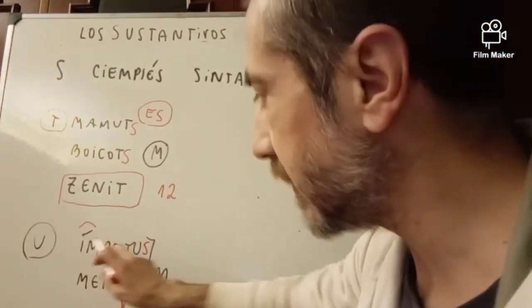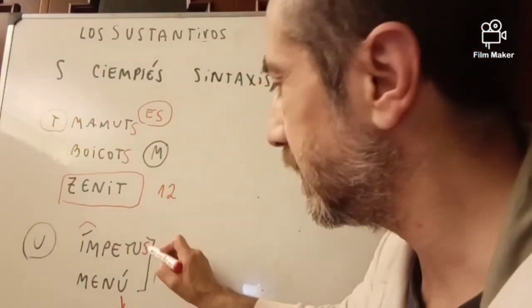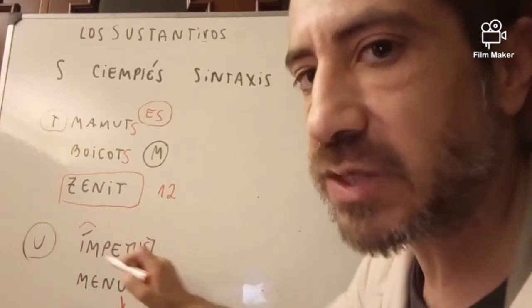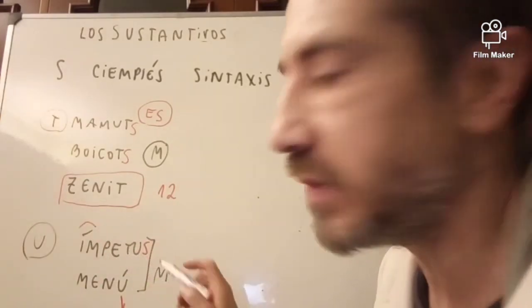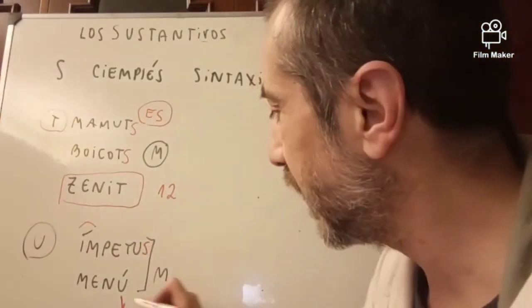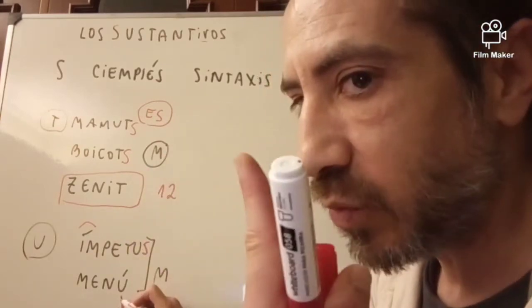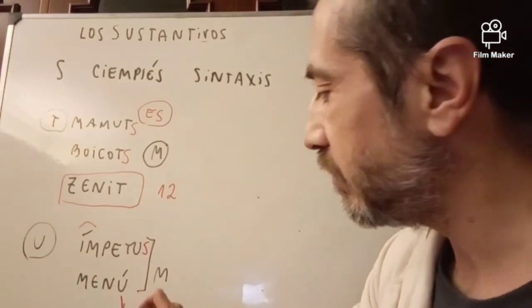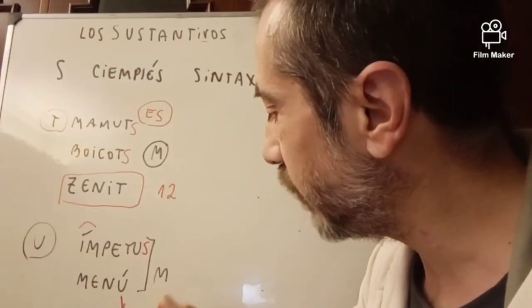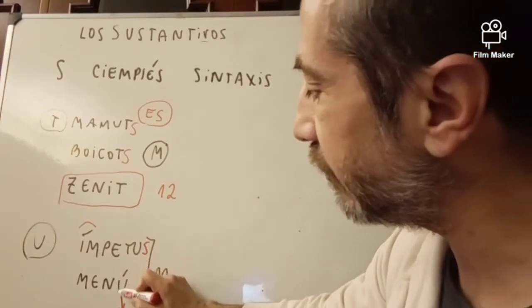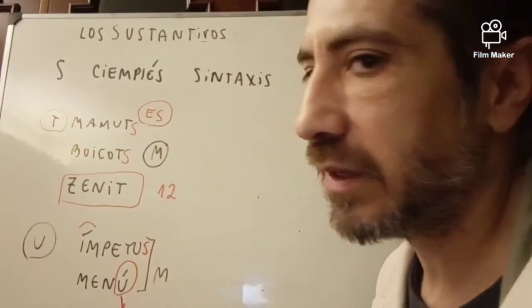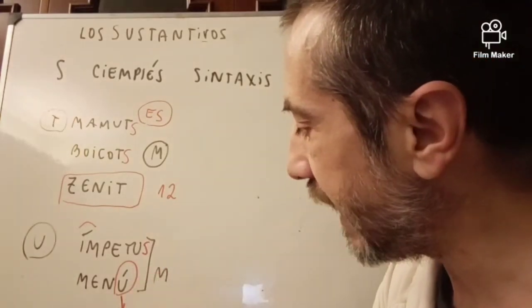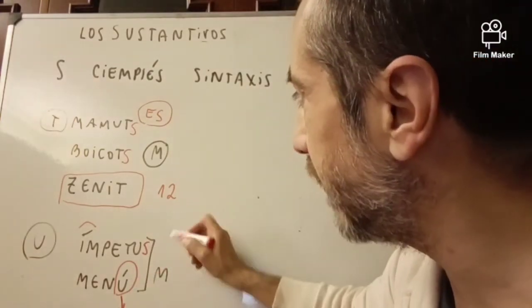As it's stressed in the first syllable, you do what the rule says. Ímpetu, el ímpetu, los ímpetus. In Spanish, we have the plural form, momentum. Los ímpetus. El menú, one menu. Los menúes. Here we add es, although we already have the letter u, as it's stressed here, so it's another exception.